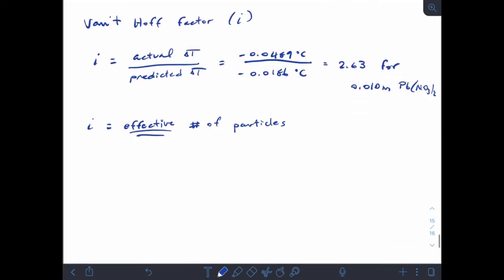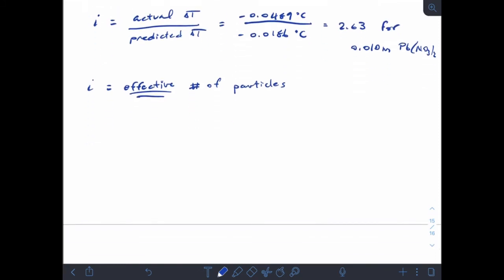Okay, so why not? In real solutions, ions attract. So the question is, why is i less than 3? In real solutions, ions attract each other.